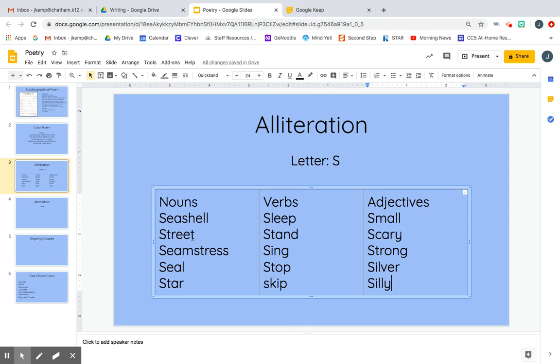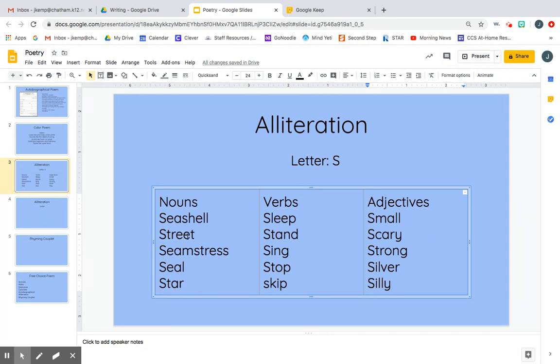All right, so I have my nouns, my people, places, and things, my verbs, the actions, and my adjectives, the words that describe the people, places, and things. Adjectives always describe nouns. Now that I have those, I am going to go ahead and try to make one or two sentences that have alliteration in them.